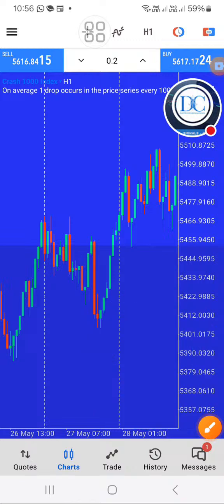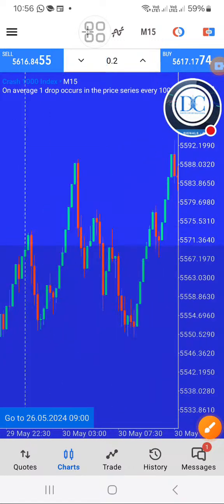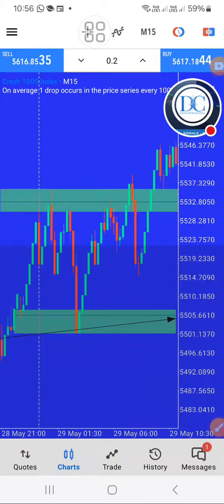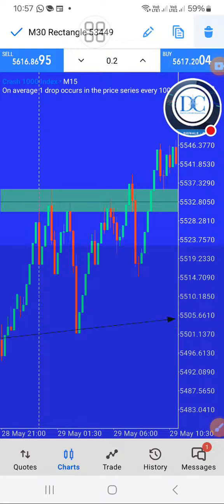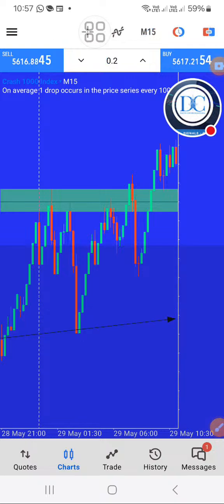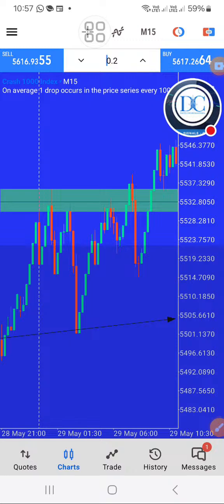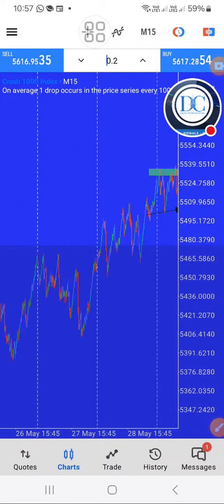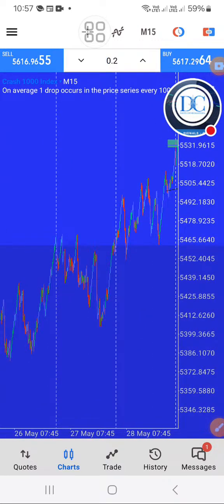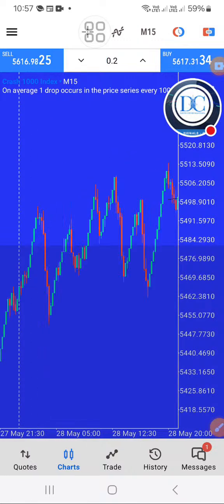Let me go on M15. But I hope you get what I'm trying to say here. You know price is moving upwards. Wait for a break of structure. Let me go to when the day starts, and we have our break of structure.